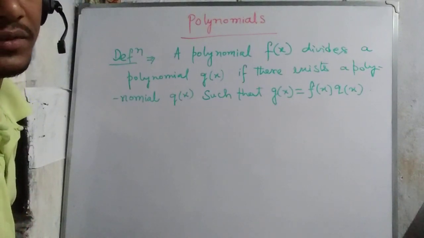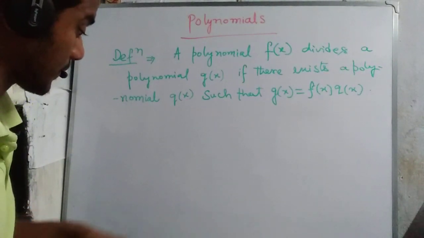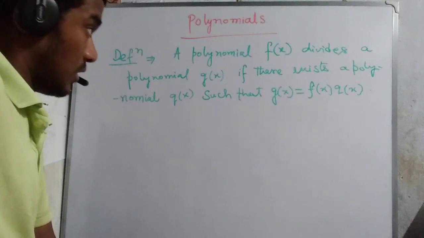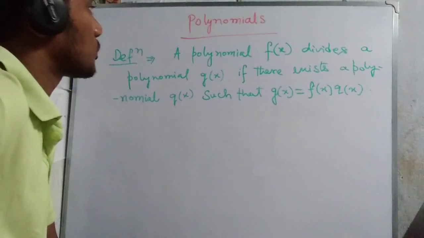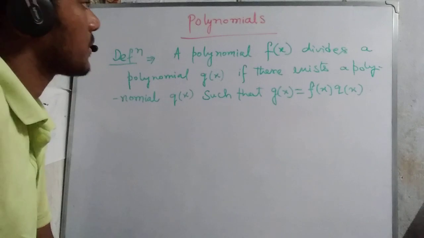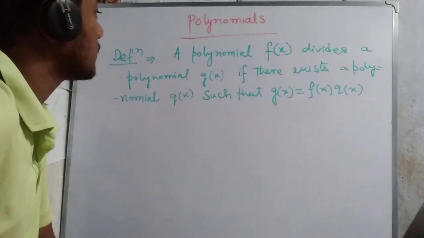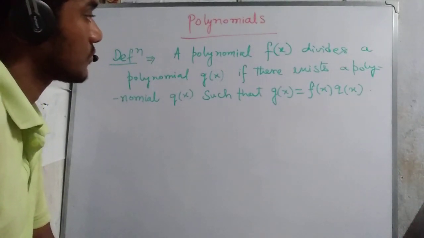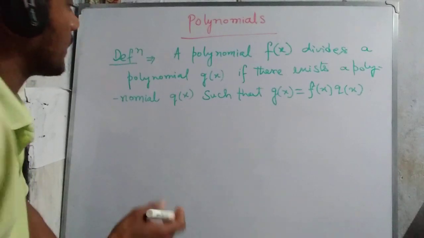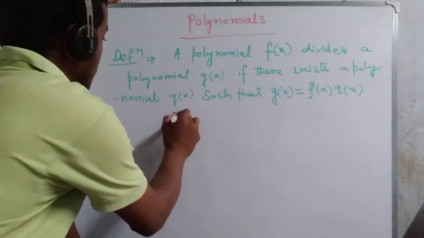Obviously this means f(x) divides the polynomial g(x). I write it in this way.